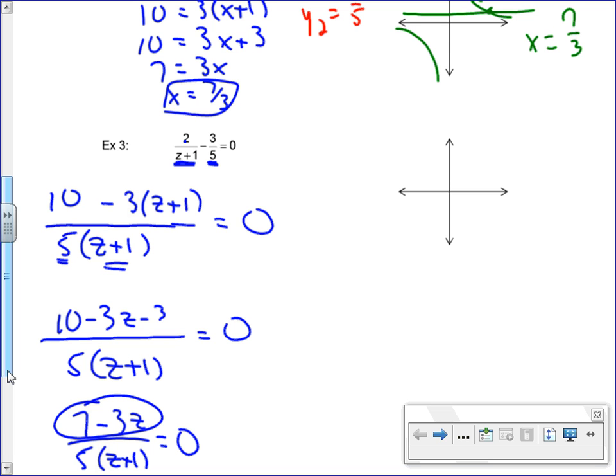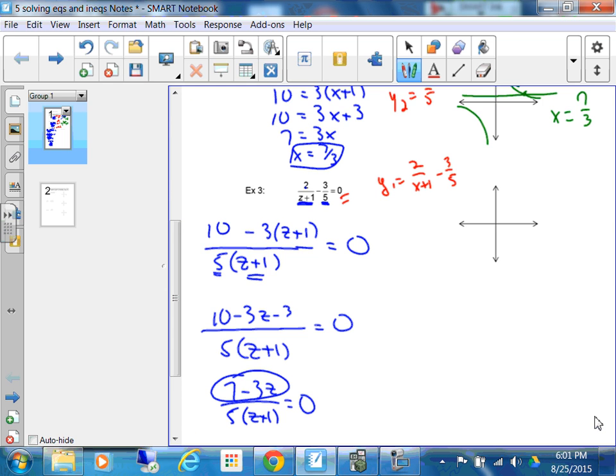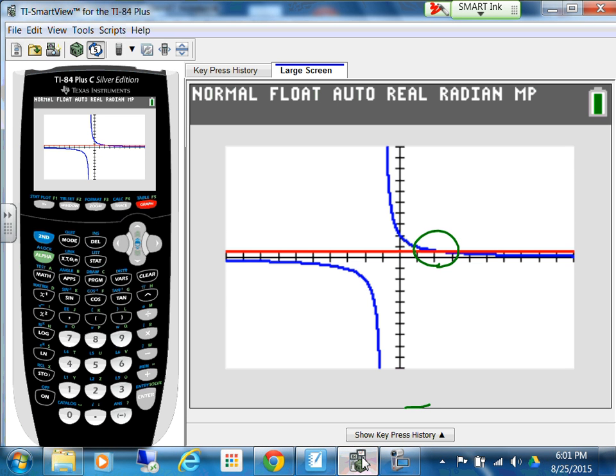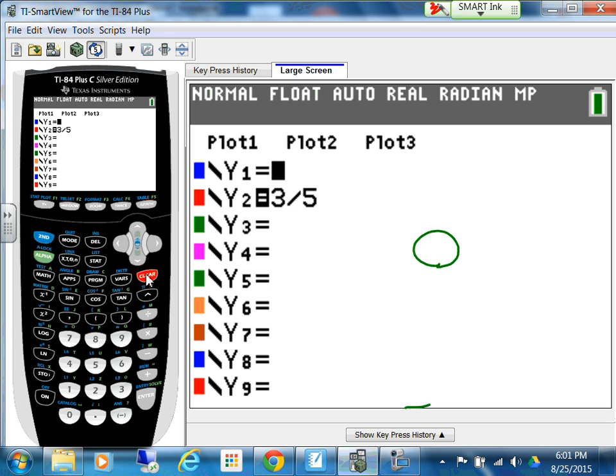I'm going to let y1 equal the left side, using x instead of z, and I'm not going to put a y2 in. Y2 is 0, so I'm not going to bother putting that in. And let's take a look at how we use the calculator to solve this one. You've got to make sure that you're being careful about your use of parentheses here.